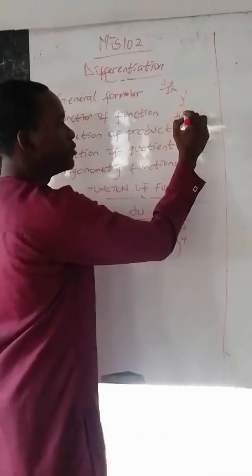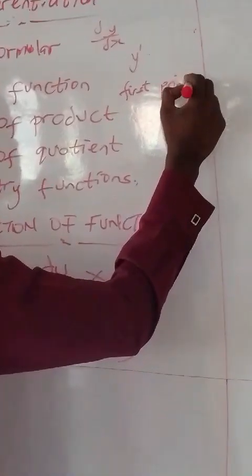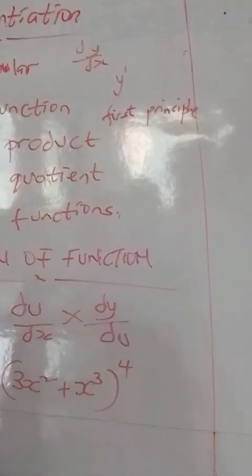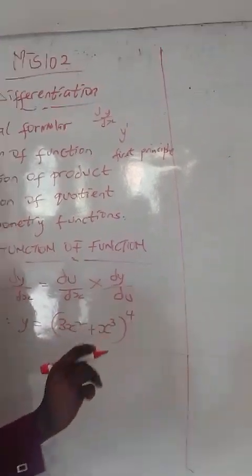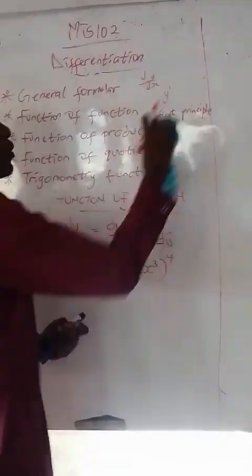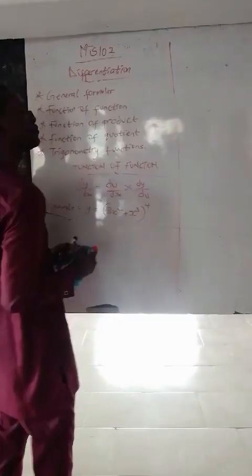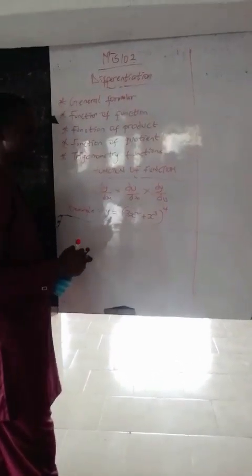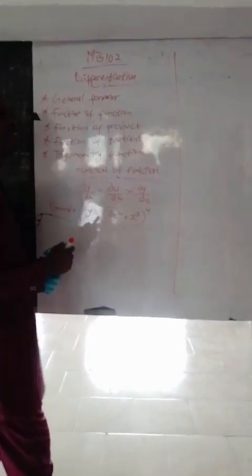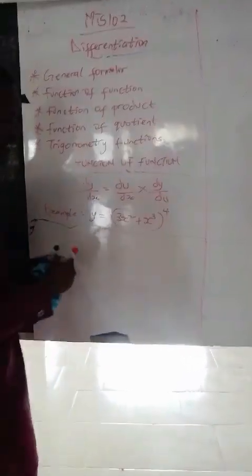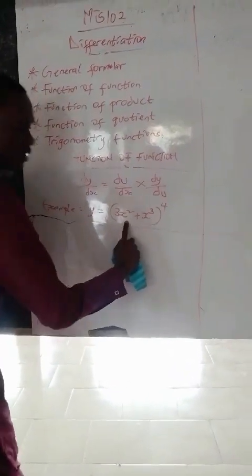Or first principle. When they say first principle, that is for those doing theory. There is a formula for this. But when they say find y prime or find dy over dx, it means you are differentiating. Or find y with respect to x. It's still dy over dx.